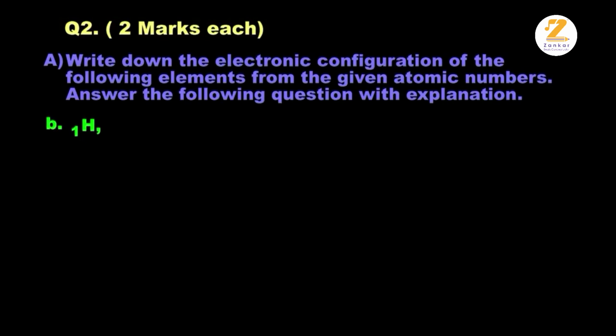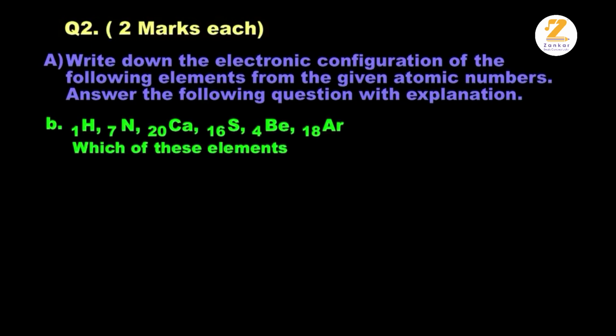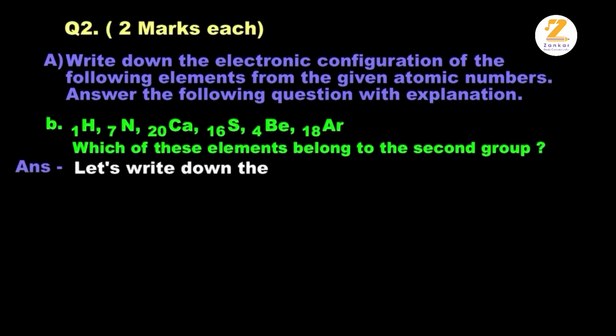Next one, hydrogen 1, nitrogen 7, calcium 20, sulfur 16, beryllium 4, argon 18. Which of these elements belong to the second group? Let's write down the electronic configuration.